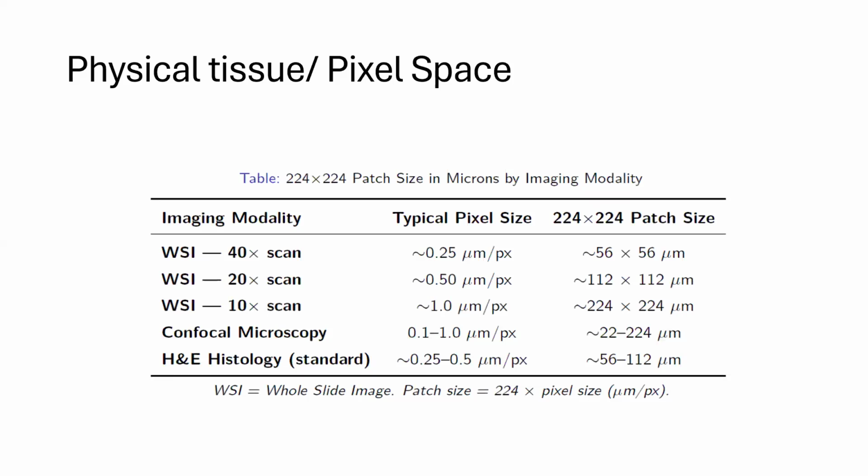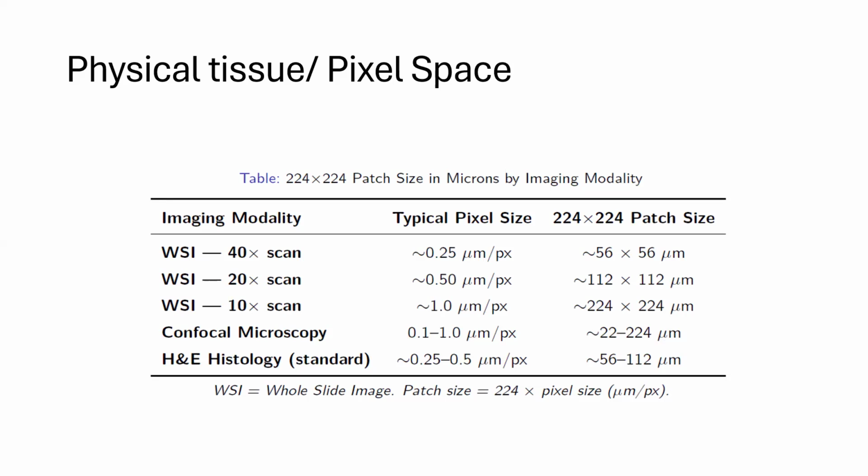As we know, tissue has a physical space and a pixel space, because when you scan an image, you convert it into pixel space. Suppose you have a slide scanned at 40x, and your pixel size is sometimes 0.25 micron per pixel.